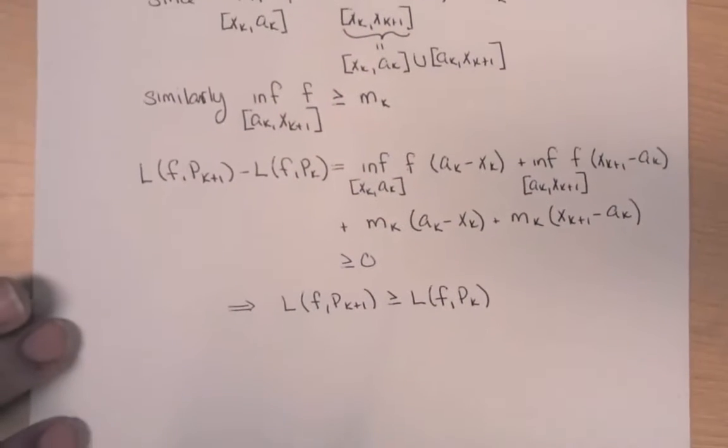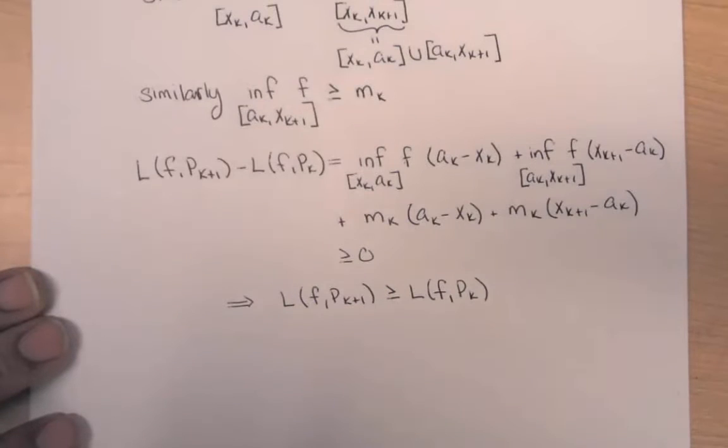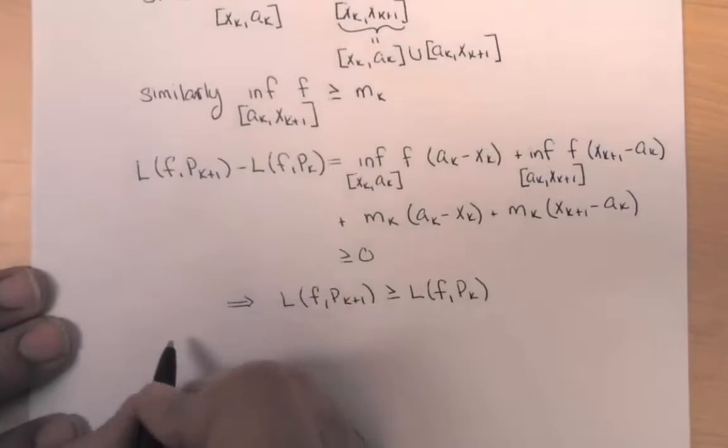But remember here that k is arbitrary. K could have been that first single refinement or the last one.